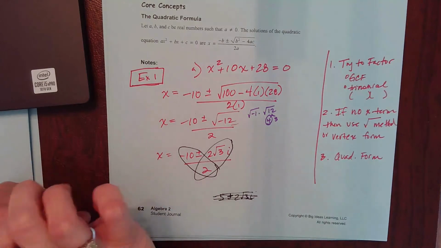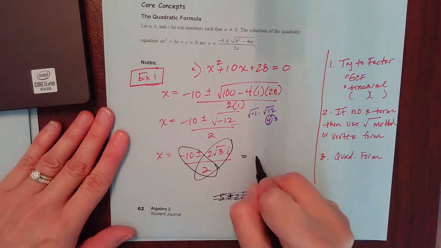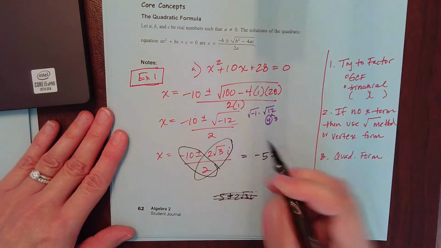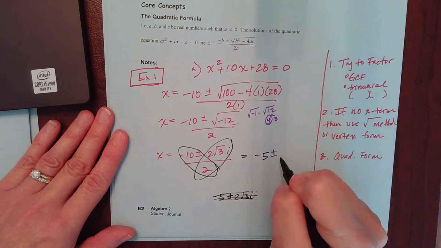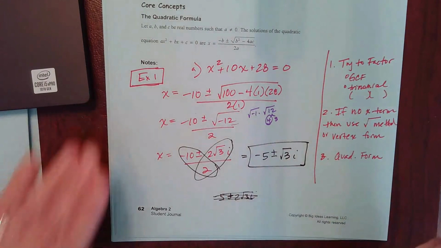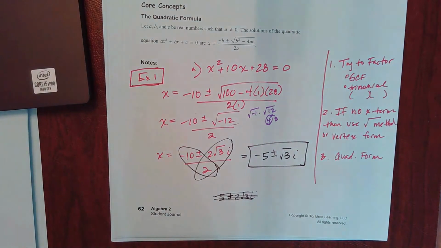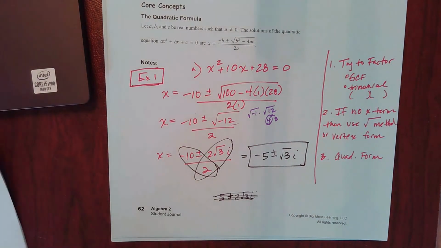So if you're going to simplify, you have to simplify both. For example, negative 10 over 2 does reduce to negative 5, but 2 root 3i over 2, the 2's would cancel, and I'd be left with root 3i. So that is kind of how you use the quadratic formula in a nutshell.